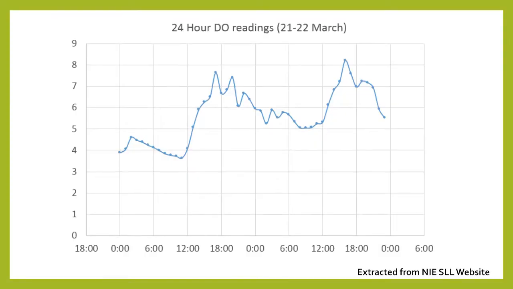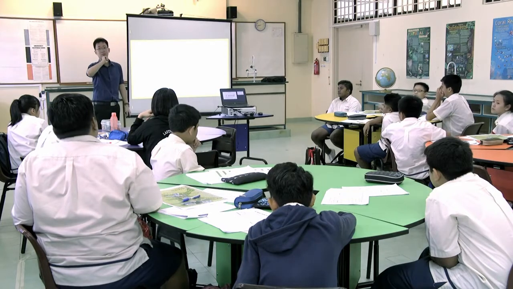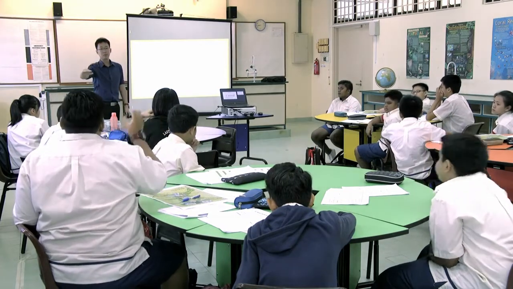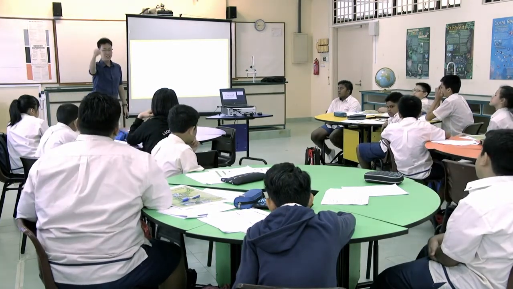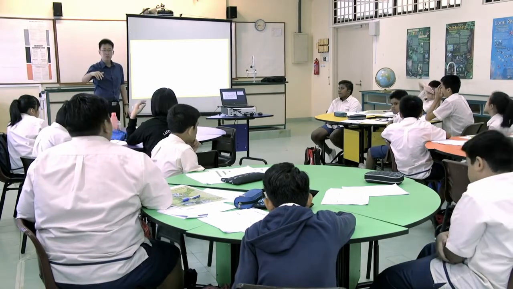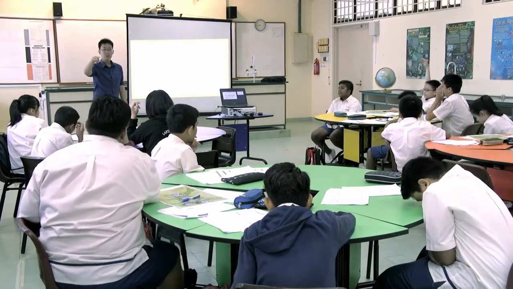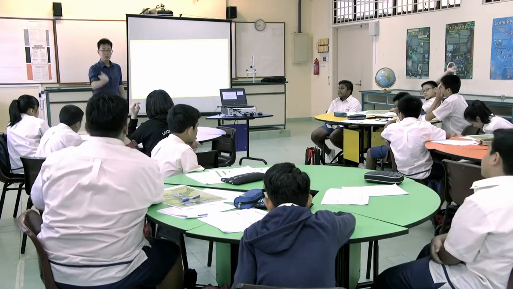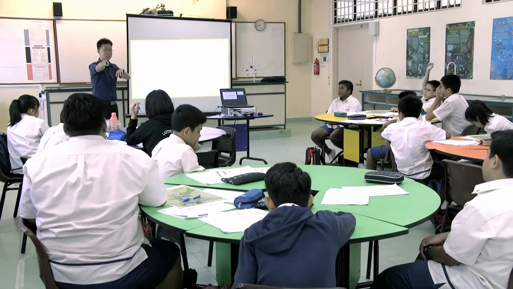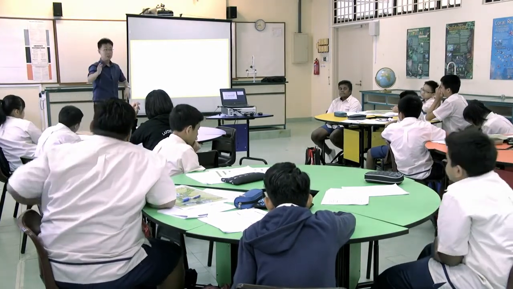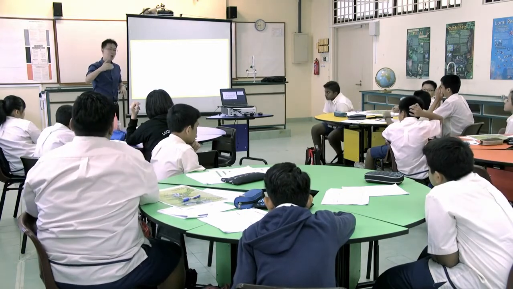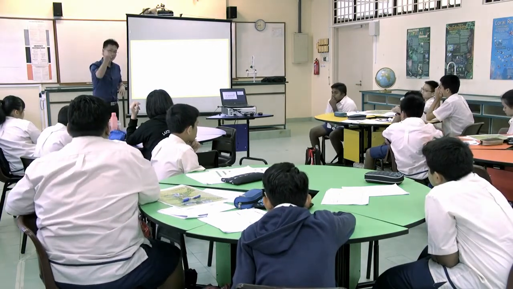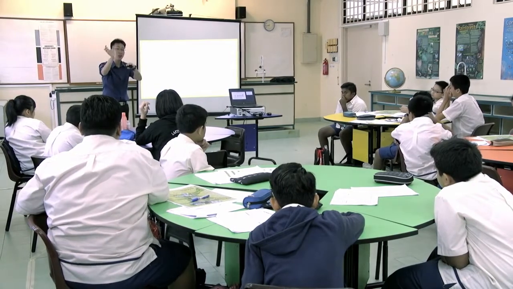Do you think dissolved oxygen changes with time? Yes. How will it change? Because in the afternoon there is more heat, and at night there is less. The temperature will be higher, then dissolved oxygen will decrease. So he's saying that in the daytime, there's more heat, so the temperature is higher, so the dissolved oxygen will be lower during the daytime.